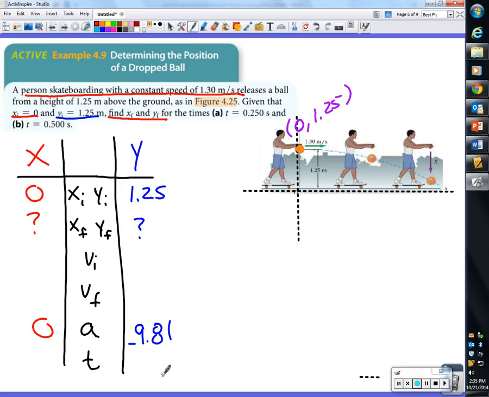Now, that's where it becomes a little bit important for this problem. He's carrying the basketball, meaning that this basketball is moving which way? It's moving horizontally, right? Because he's just holding it as he carries it, okay?